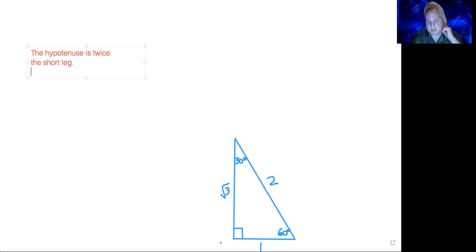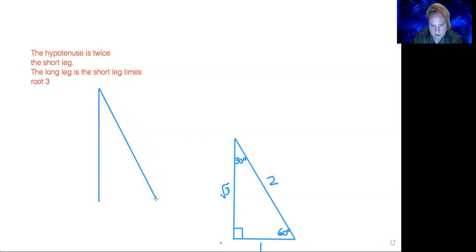Making the language very simple, the hypotenuse is twice the length of the short leg, but that's easy to remember. The hypotenuse is twice the short leg. And the long leg is, how should we say this? We could say the short leg times root 3.